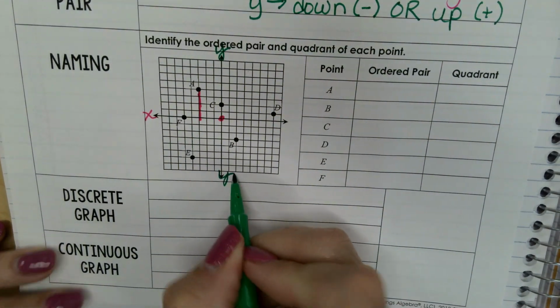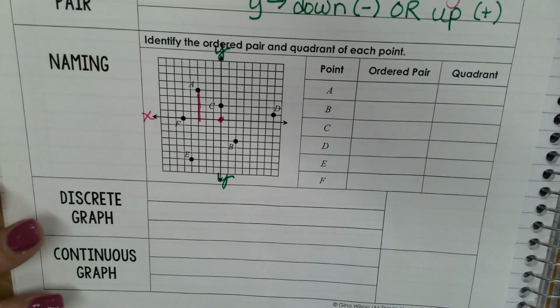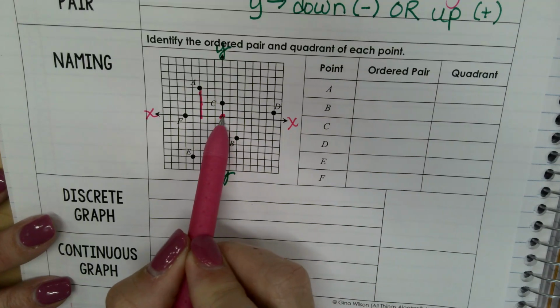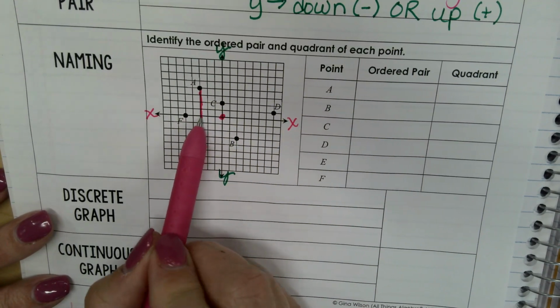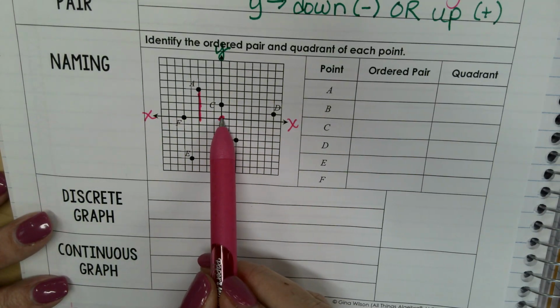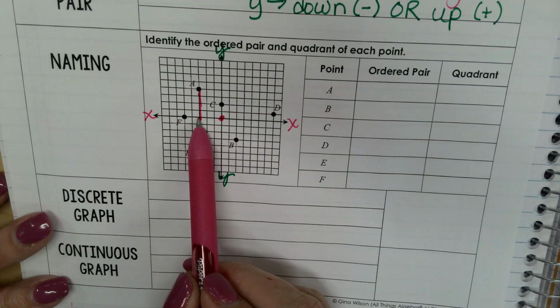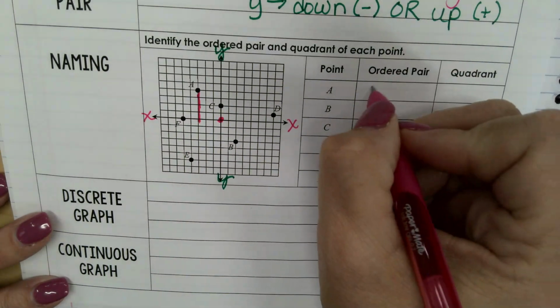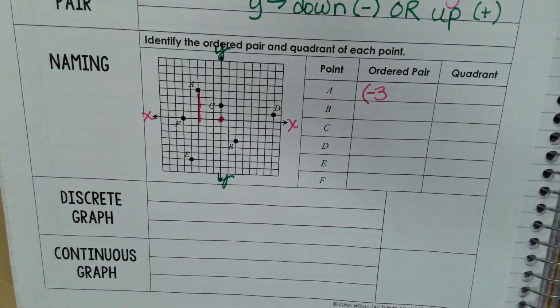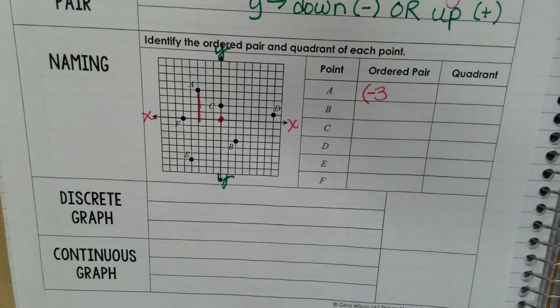Okay, so in this one, it's not labeled. Remember, I'm going to count how many jumps does it take to get here from the origin. So if I start at the origin, I'm going to jump 1, 2, 3 left. So my first coordinate is -3. Left means negative, and I went from 0 to 3 left.